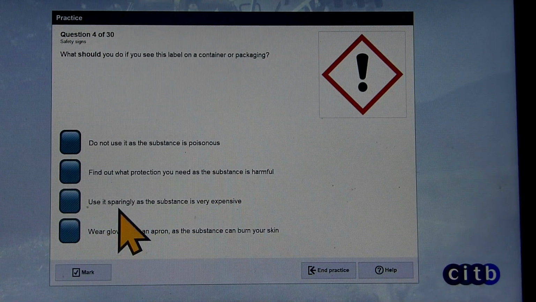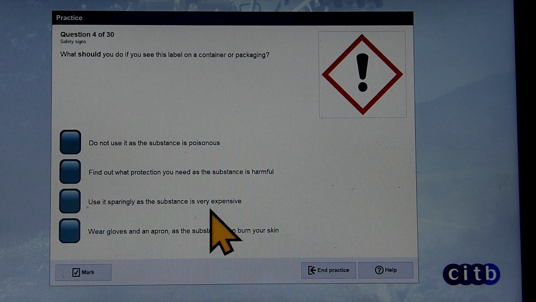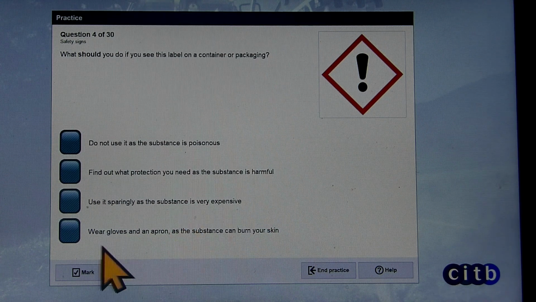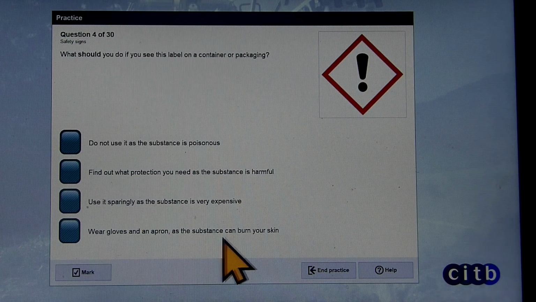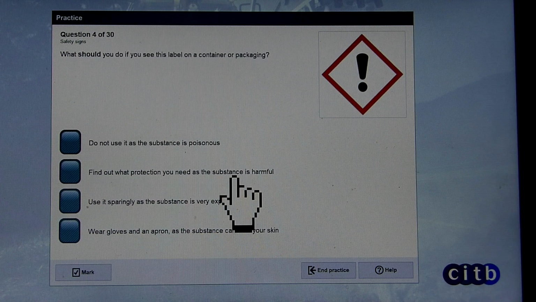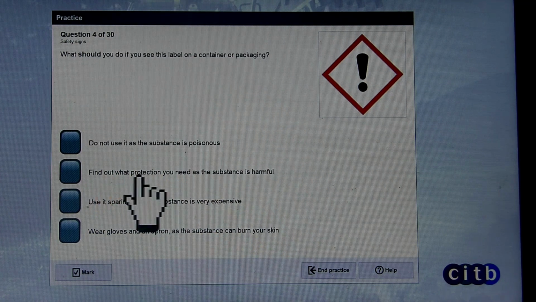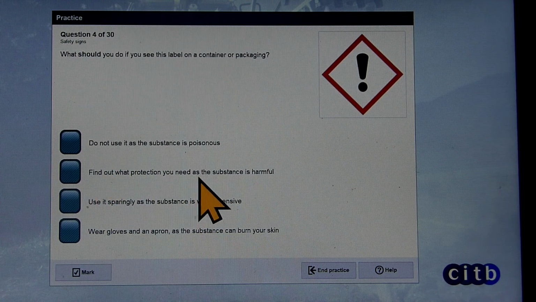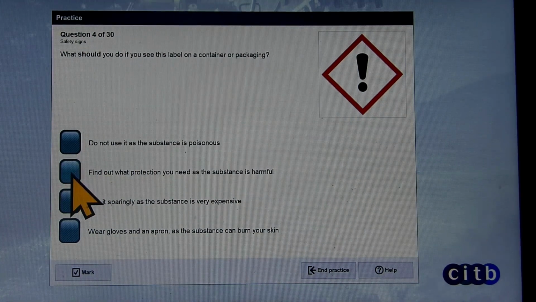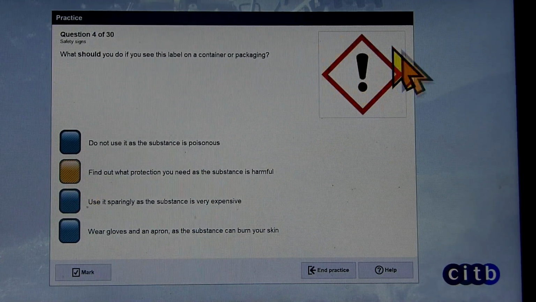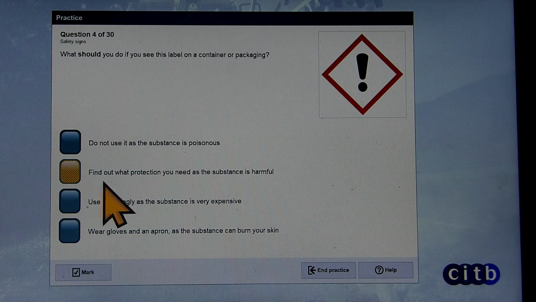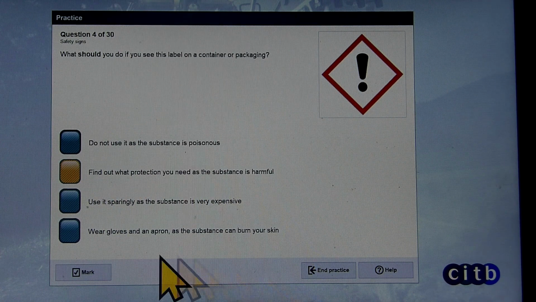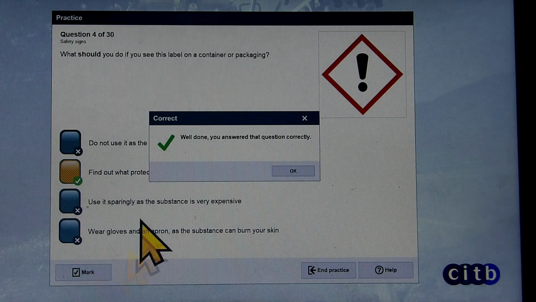Use it sparingly as the substance is very expensive. Wear gloves and an apron as the substance can burn your skin. Which one is that? Find out what protection you need as the substance is harmful. When we see this, that means find out what protection you need as the substance is harmful. Let's check. Very good. Well done.